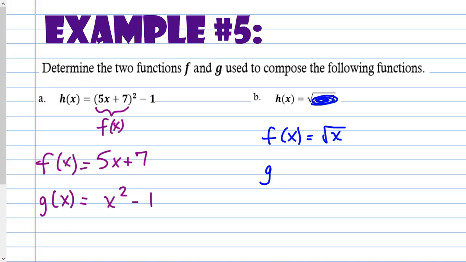And then the other function, which once again I'm just going to call g of x, is going to be whatever the stuff inside there was, which was x minus 3. So when h of x was composed of these two functions, they took this stuff and dunked it in there and got rid of just the x. And that's it for composite functions.